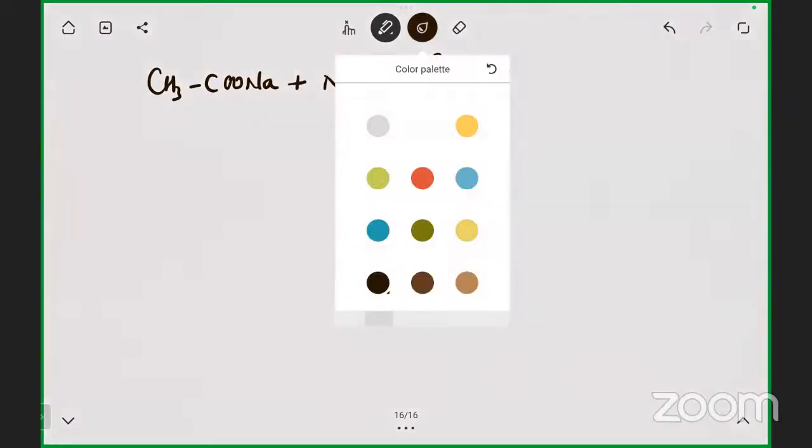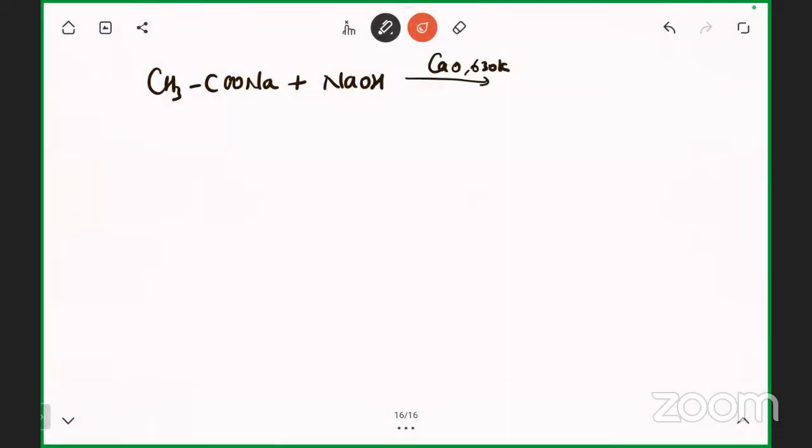See, two atoms of Na, three atoms of oxygen, one atom of carbon, they will form what? Na2CO3, and CH3 plus the remaining H, that is called CH4, methane.